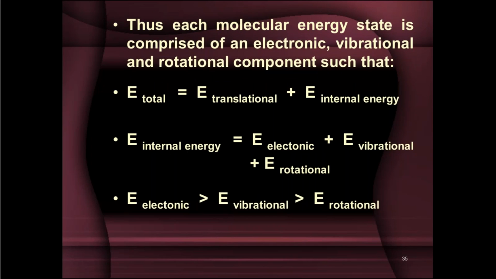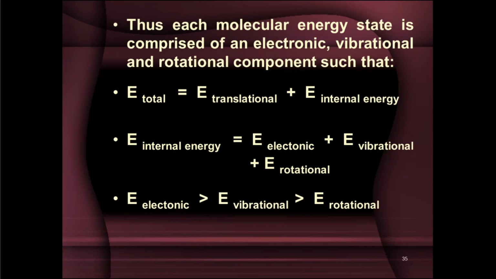Thus, each molecular energy state is comprised of an electronic, vibrational, and rotational component, such that E total, that is the total energy possessed by the molecule, equals E translational plus E internal. So what is internal energy of the molecule?